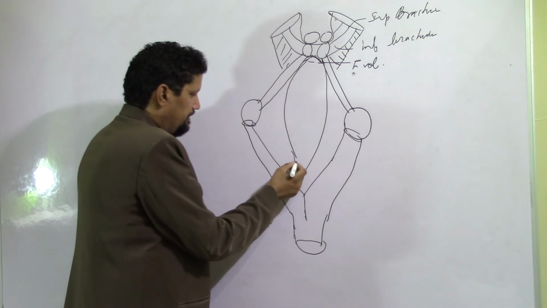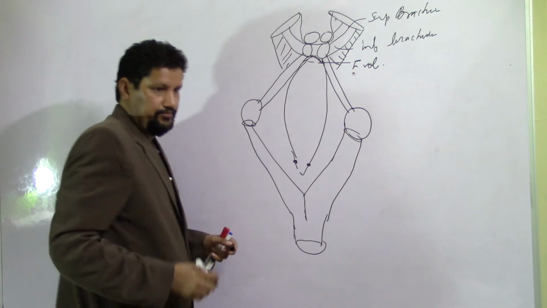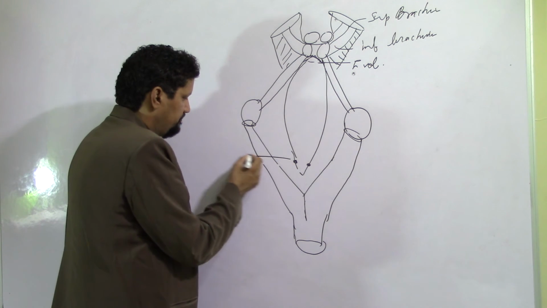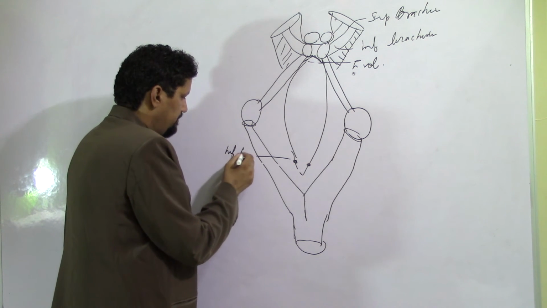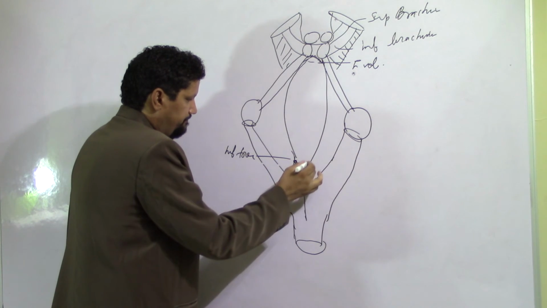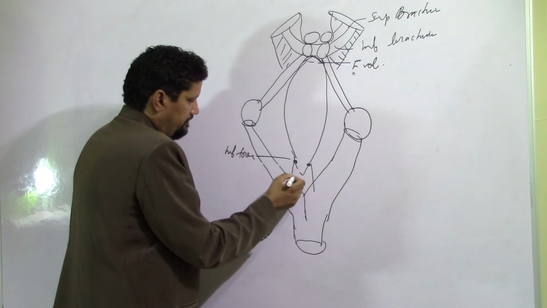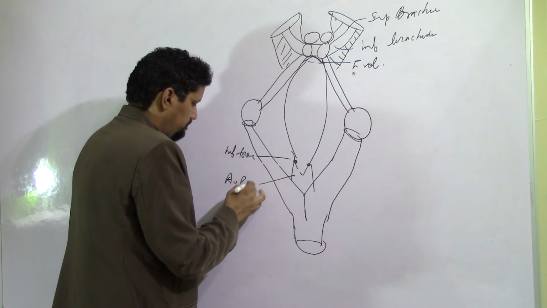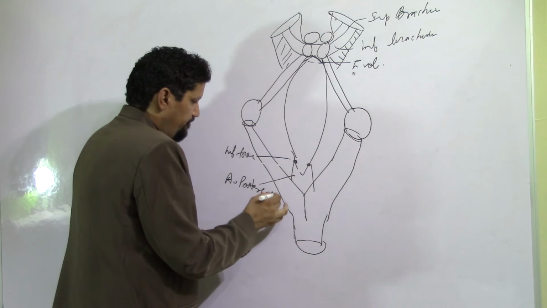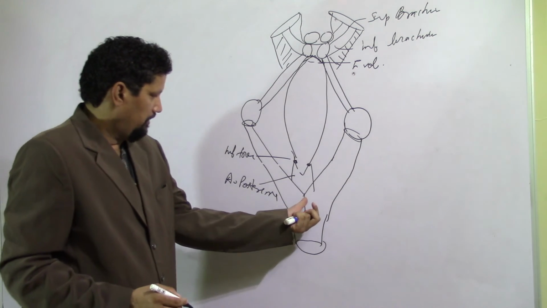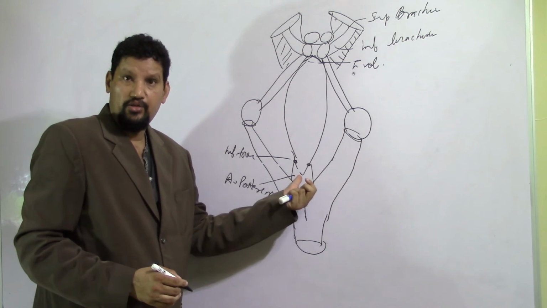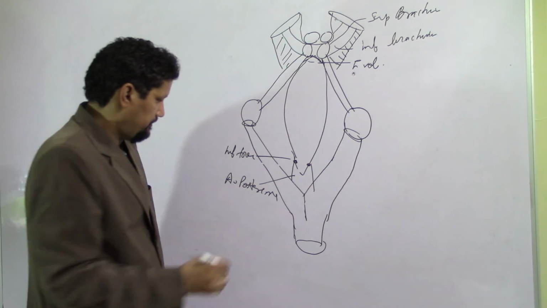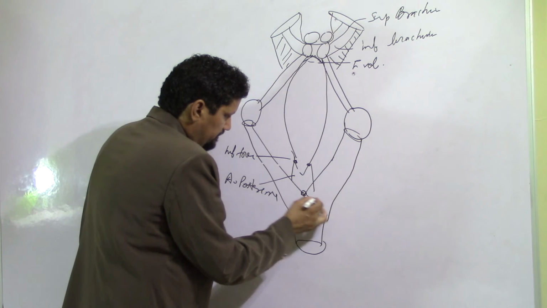And here is area postrema. These are inferior fovea, and these are area postrema. The meeting point of this central canal and the lowermost part of the floor of the fourth ventricle is known as obex. This point is known as obex.